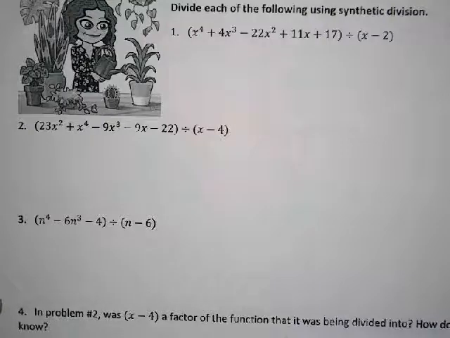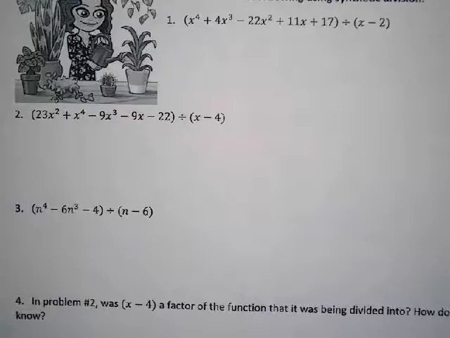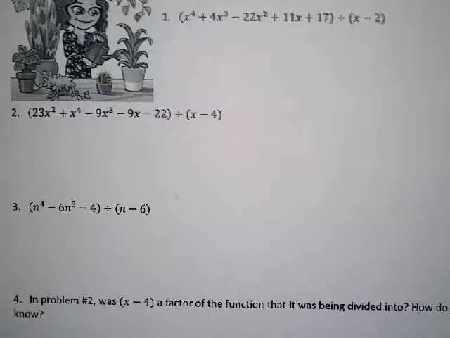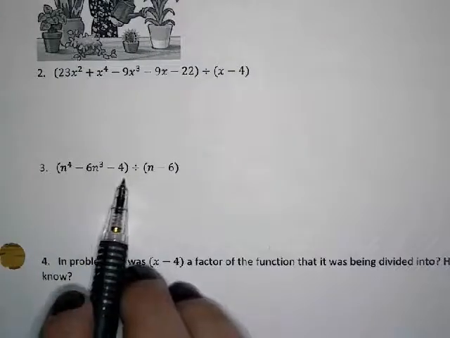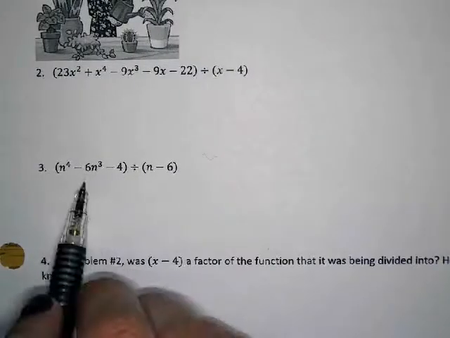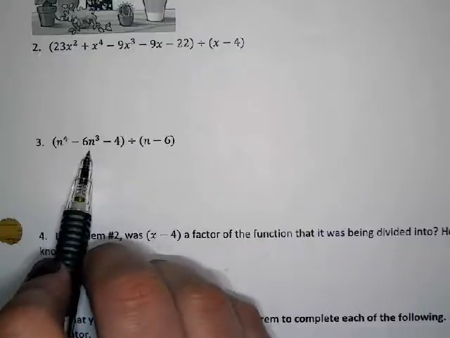Should I do any of the problems? Number 3? Okay. So if we look at number 3, something's missing in the problem we got to fix before we even get it started.